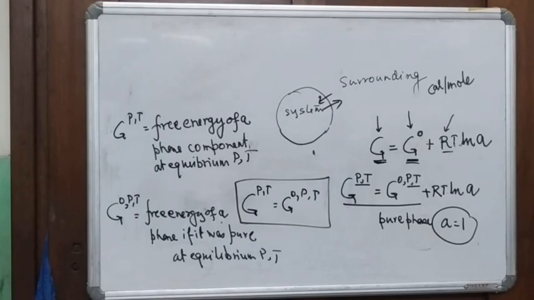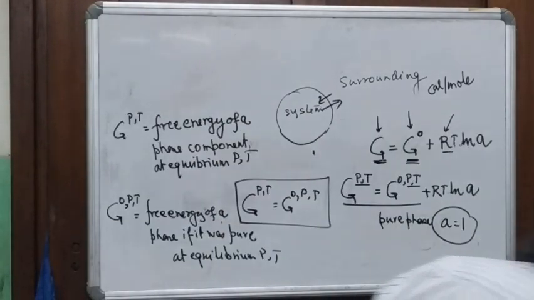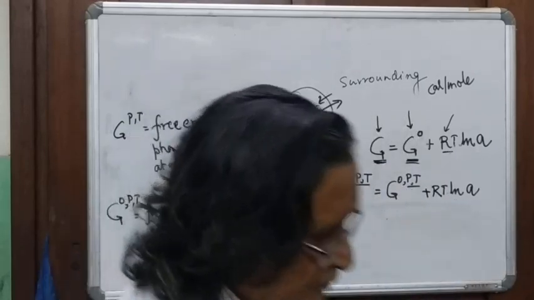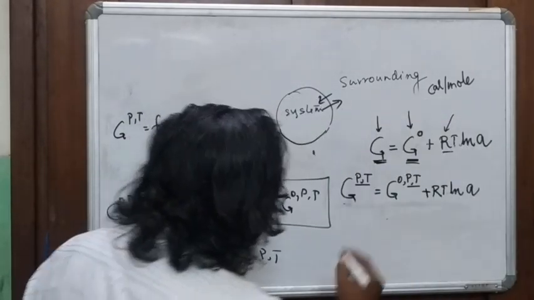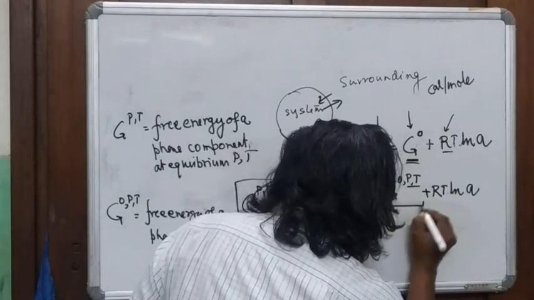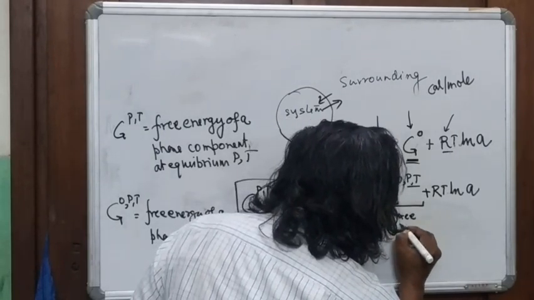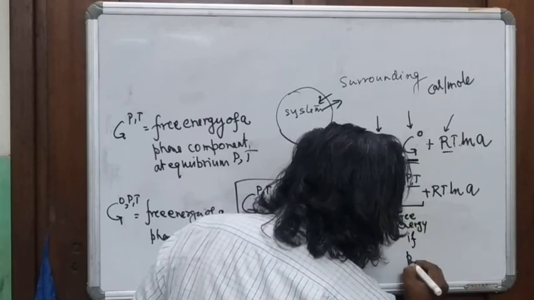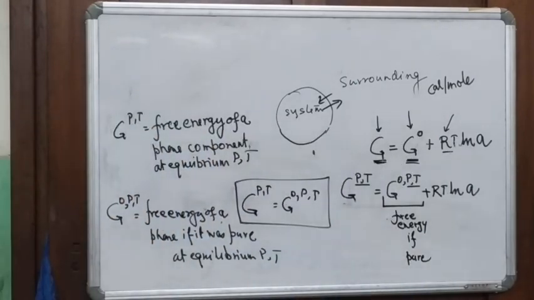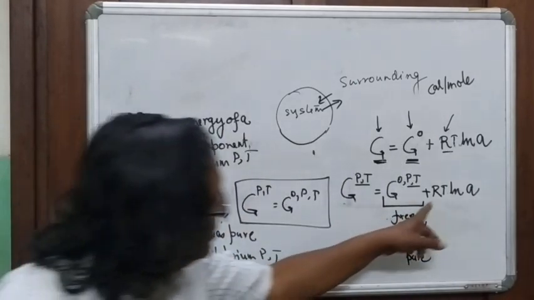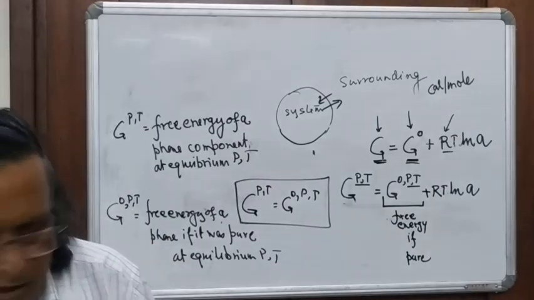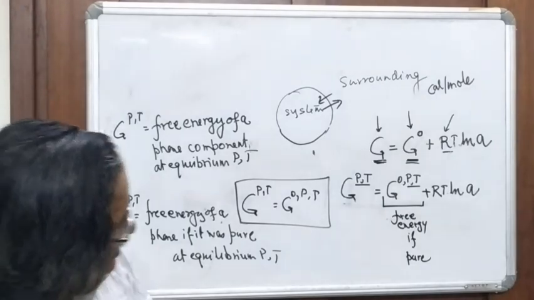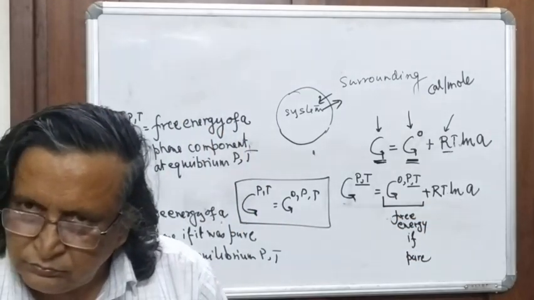That means if I go to this expression, this is the free energy if pure. And what is this? If activity is equal to 1, as in a pure phase, RT ln A is equal to 0.